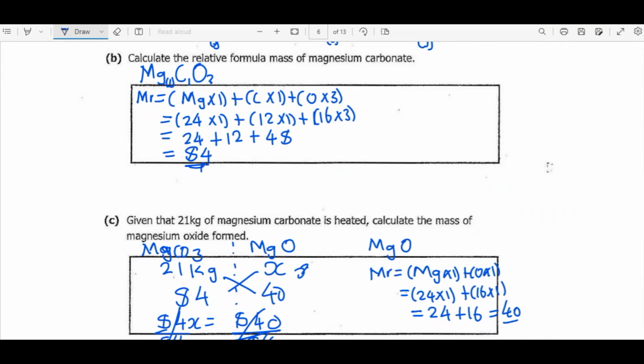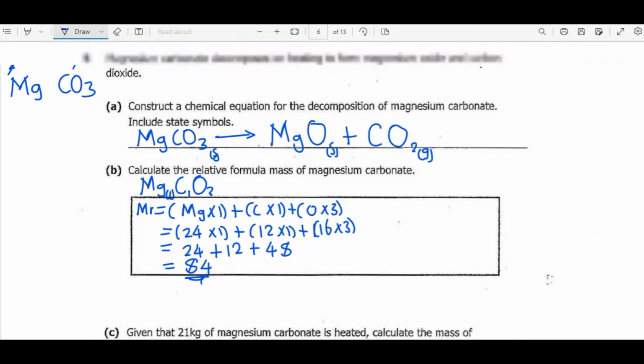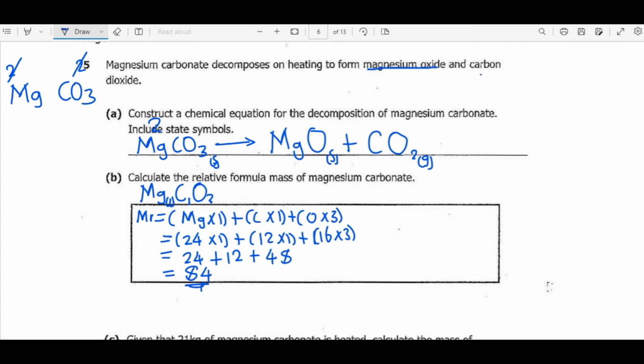If this decomposed completely, and we are assuming we didn't have any impurity in the magnesium carbonate, and according to the equation we are told this is 21, and here is 10 kilograms, then this must be 11 kilograms, so that if we add these two masses, they must add up to this. Remember, that's if there are no impurities and if this decomposed fully.